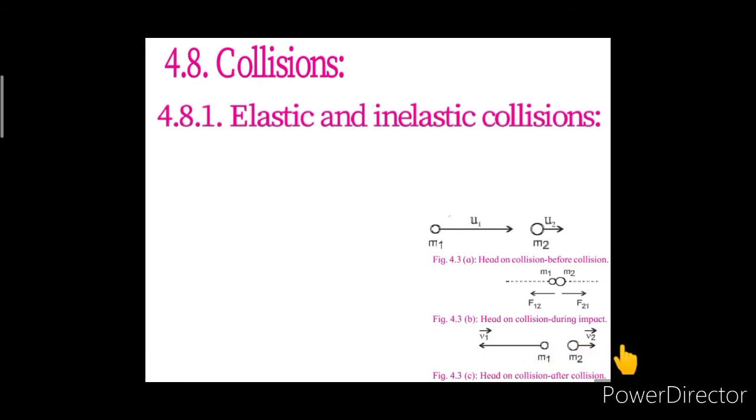And hence after the collision, both the bodies having mass m1 and m2 are now moving with their final velocities v1 and v2 respectively. As discussed earlier, during this collision, the total linear momentum of the entire system of the particles is conserved. The total initial momentum of the system before the collision is equal to the total final momentum after the collision.